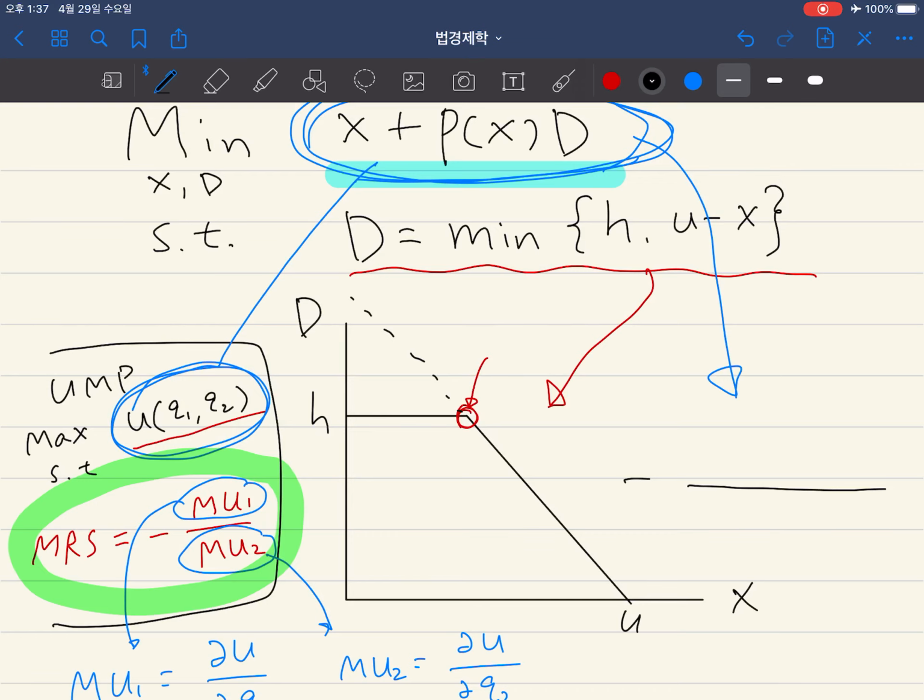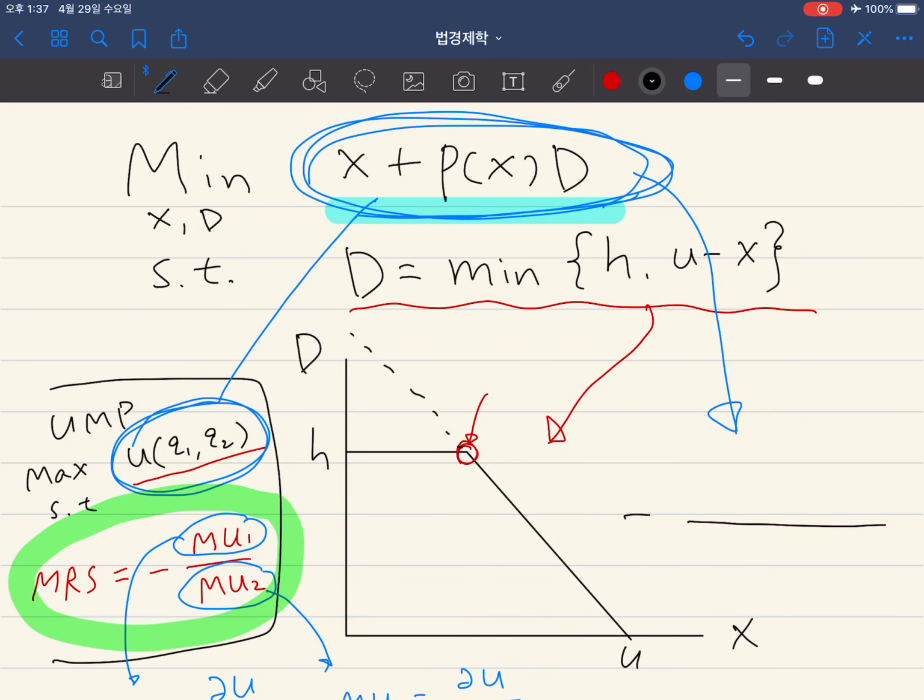So we are going to think about partial derivative of this objective function with respect to our first variable x. If you take partial derivative of our objective function with respect to x, we get 1 plus p prime x d.